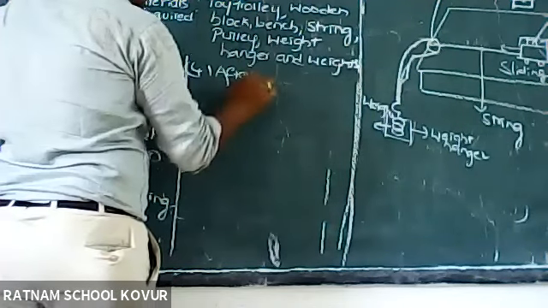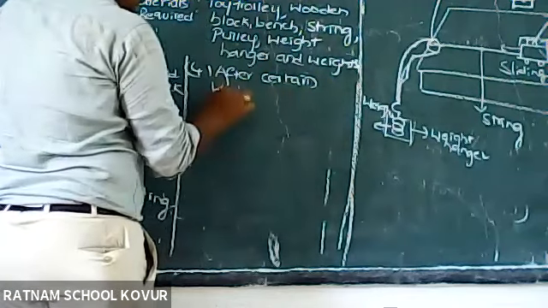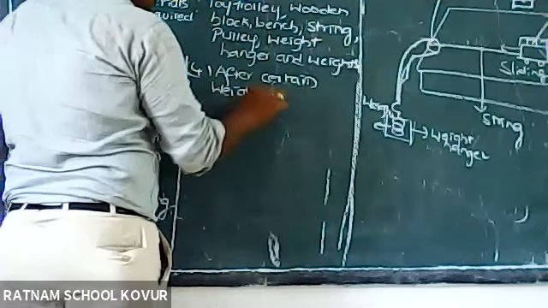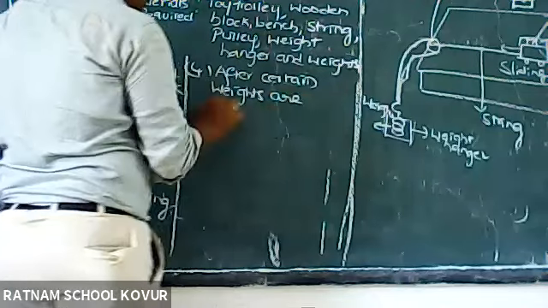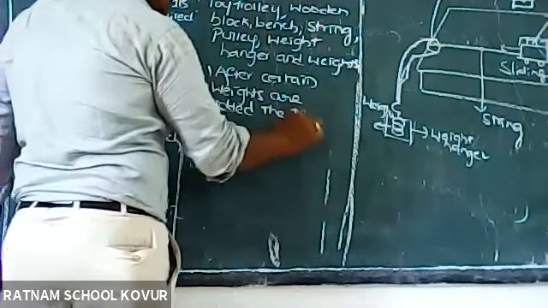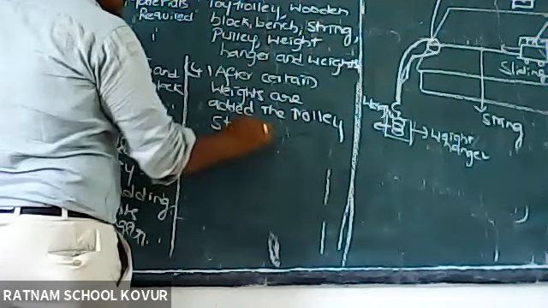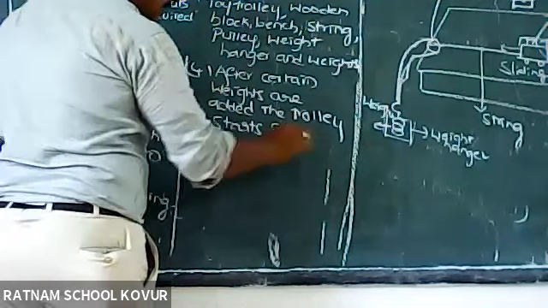After certain weights are added, the trolley starts sliding. Sliding means moving.